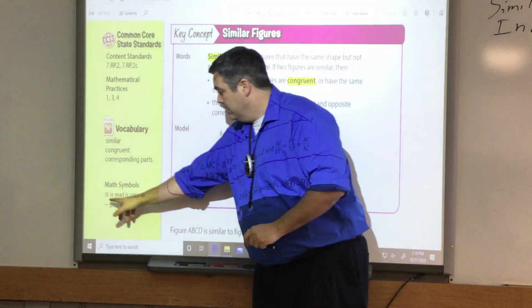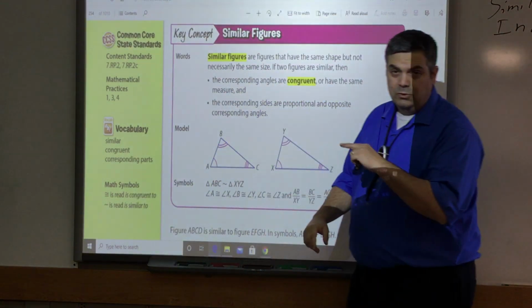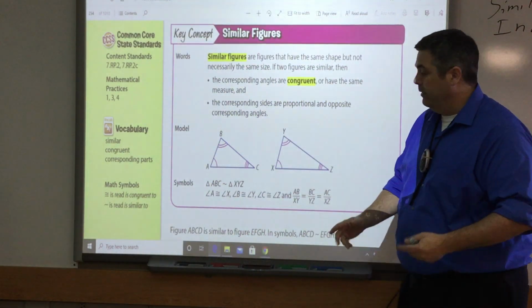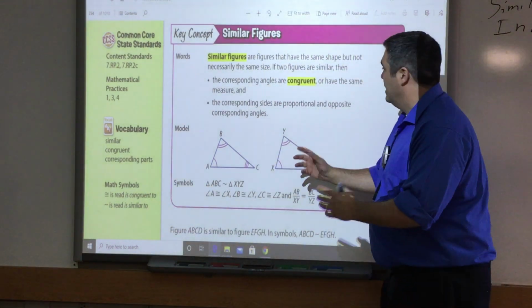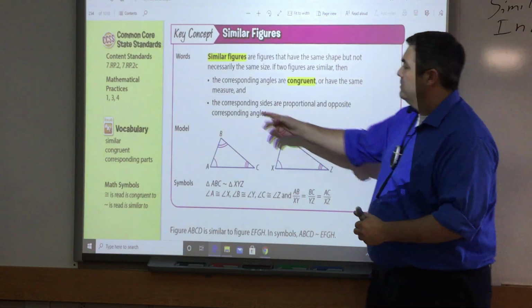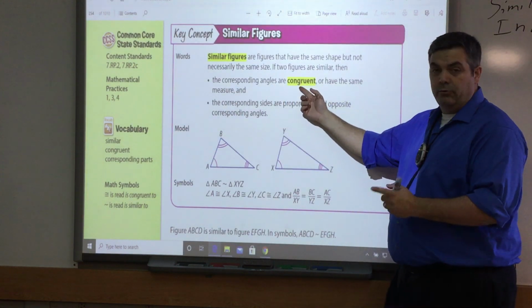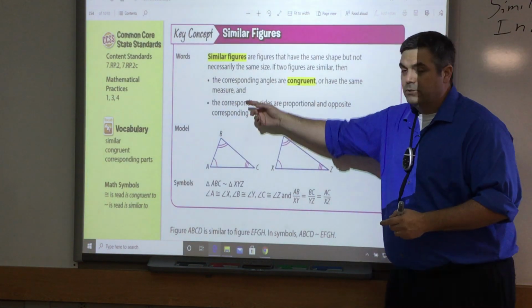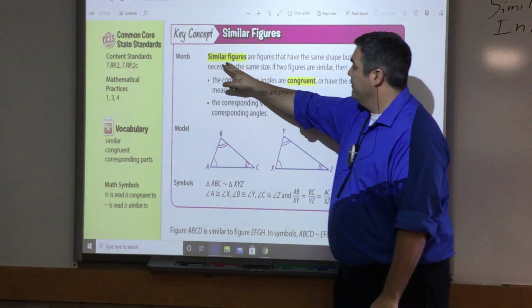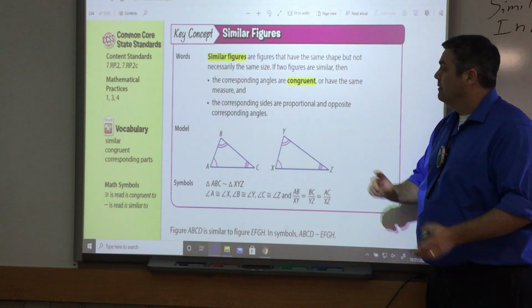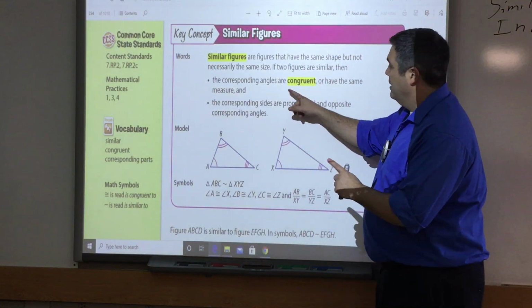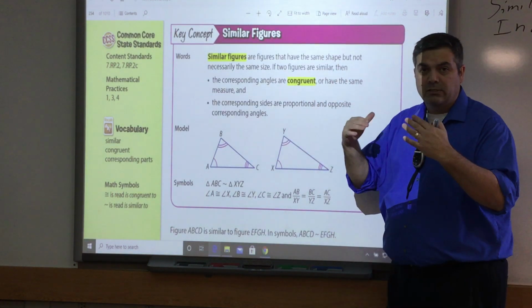And then the equal sign with the little squiggly line over it is read as congruent to. So they have the same measurement. The corresponding angles are congruent, have the same measure. Similar figures have the same shape, but not necessarily the same size, and congruent is the same measure.